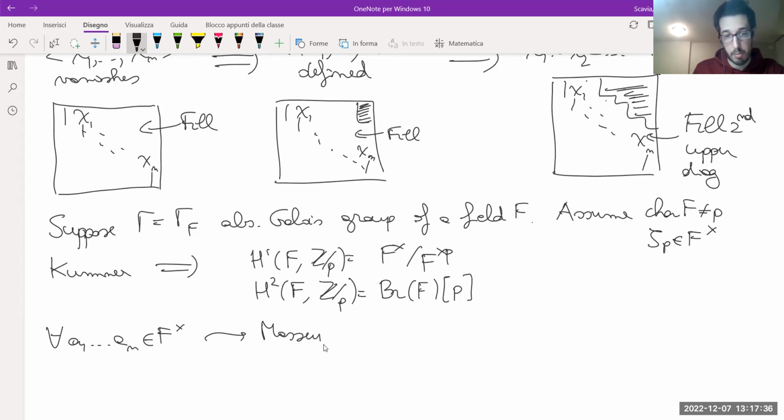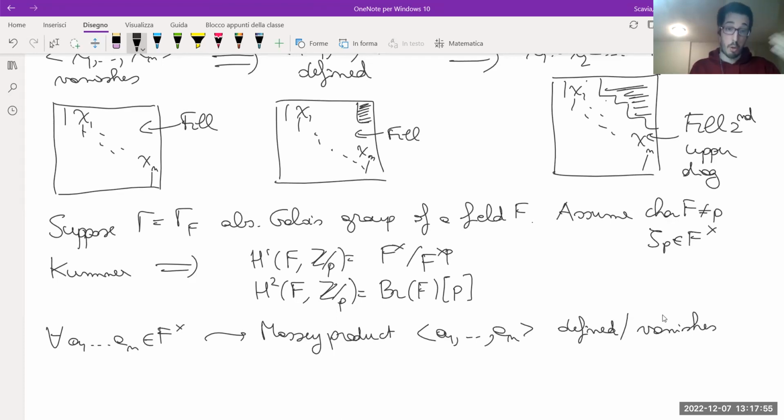We can talk about the Massey product of a1 through an. We can say whether it's defined or it vanishes, because we just refer to the Massey product of the homomorphisms corresponding to a1 through an via Kummer theory. And we have the same implications.